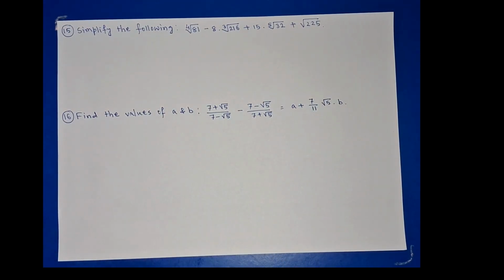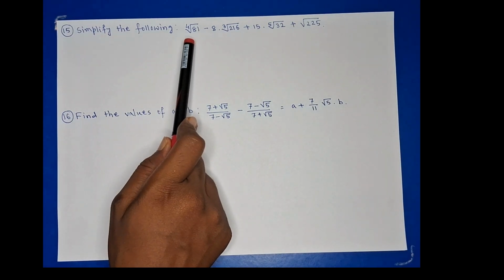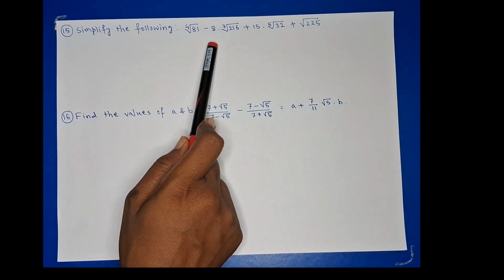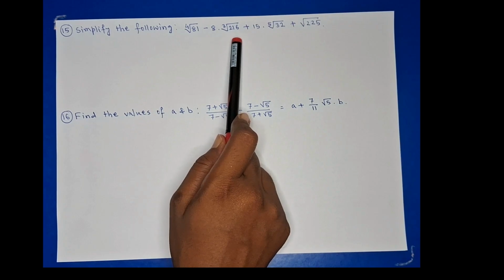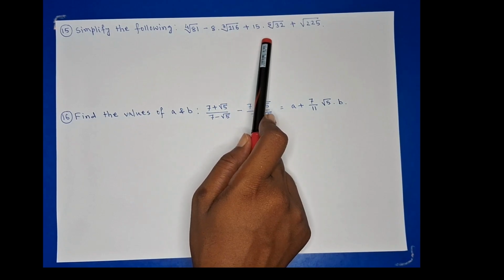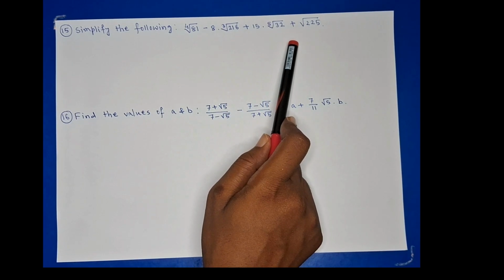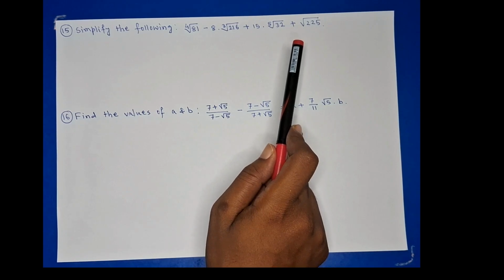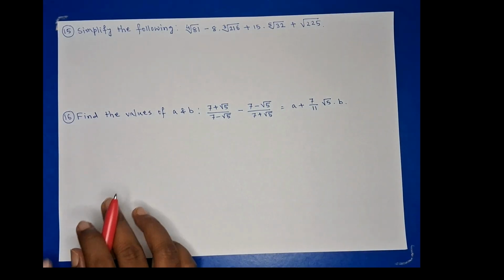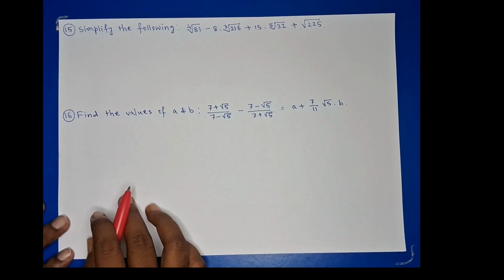Now question number 15. Simplify the following: fourth root of 81 minus 8 into third root of 216 plus 15 into fifth root of 32 plus square root of 225. It looks bigger but it is not that difficult a problem.